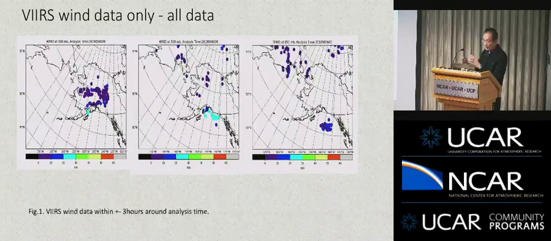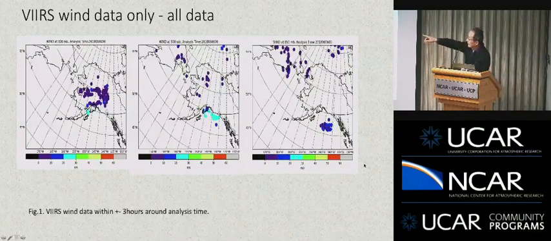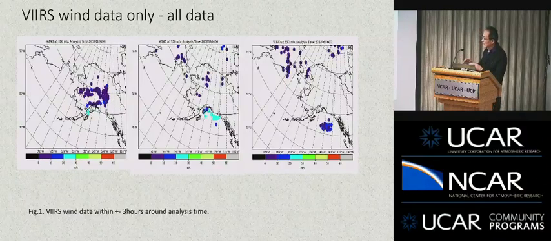This is the whole data here, but this figure doesn't necessarily reflect how many data points are actually in this domain. Here we're talking about three levels, like 300 millibar, 500 millibar, and 850 millibar data.